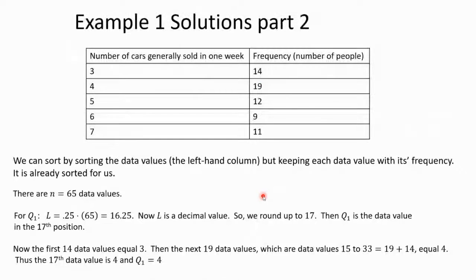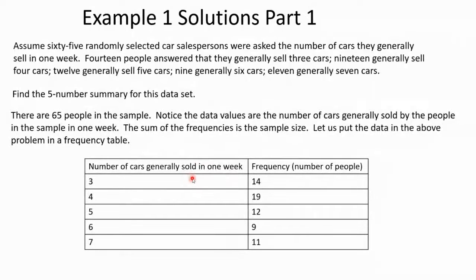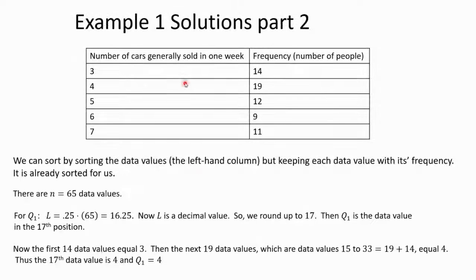All right. Now, notice here we actually sorted the data already. Remember, the data is how many cars sold in a week. That is already sorted, the left-hand column. But if it wasn't sorted and you did want to sort it, keep the frequency with each data value.